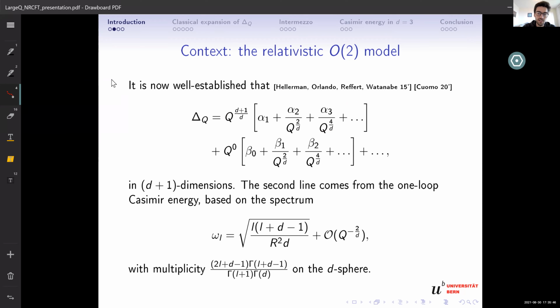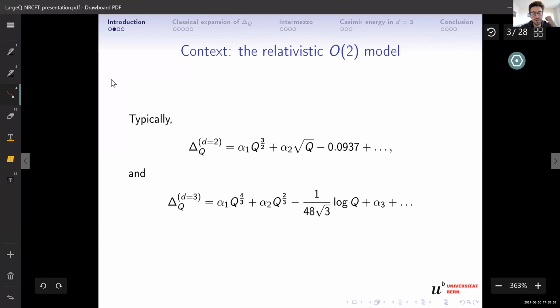And so for this, you need the spectrum, and the multiplicity of the eigenvalues on the sphere, and then you just sum and you try to make sense of this expression.